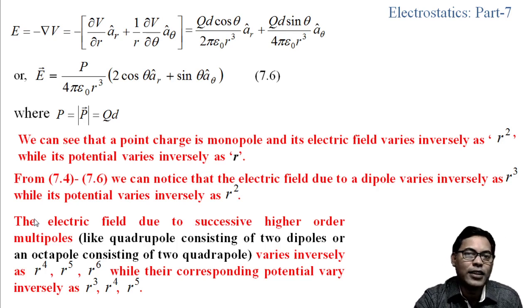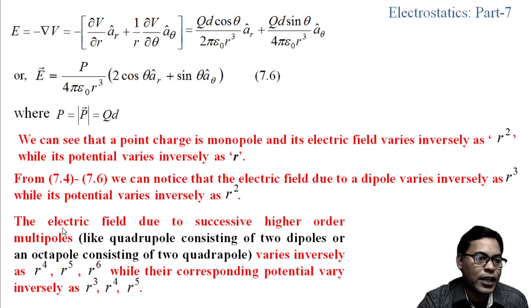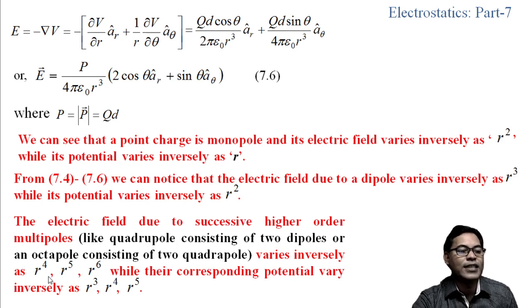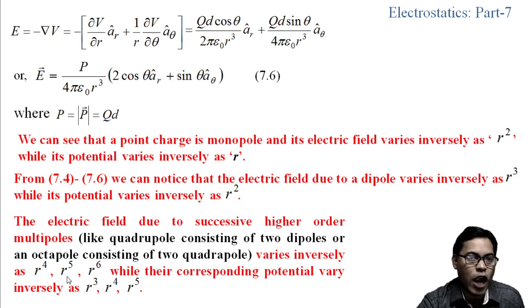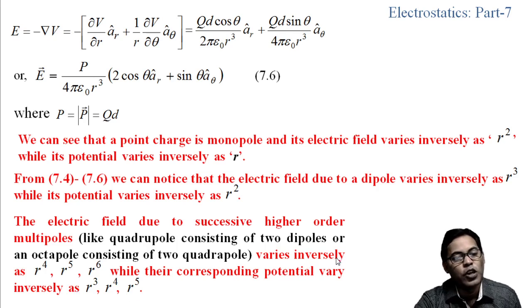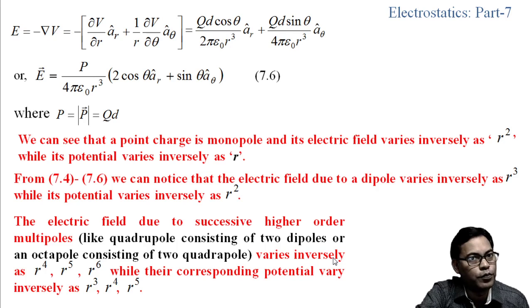So finally, the final observation we can make is that the electric field due to successive higher order multipoles, like a quadrupole consisting of two dipoles, or an octupole consisting of two quadrupoles, varies inversely as r to the power 4, r to the power 5, r to the power 6, while their corresponding potential varies inversely as r cube, r to the power 4, r to the power 5. So this is all about the topic 1.